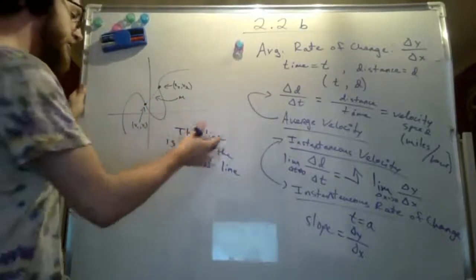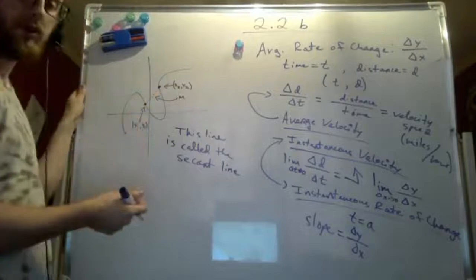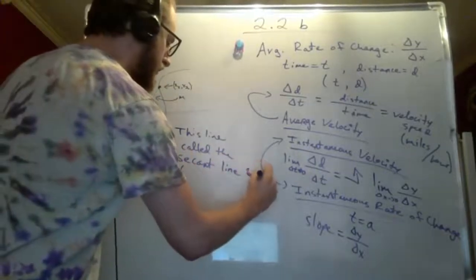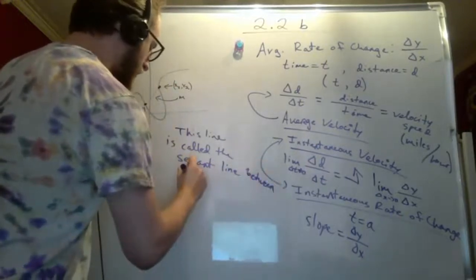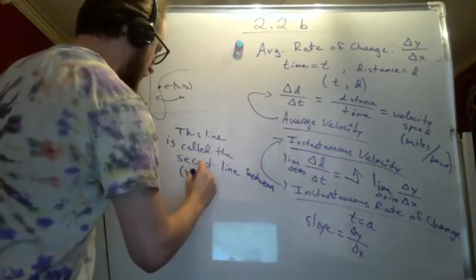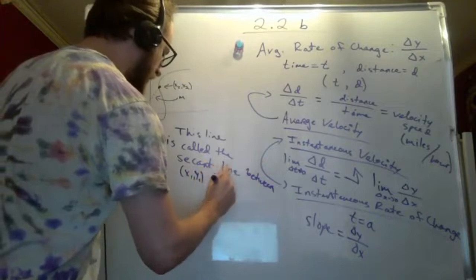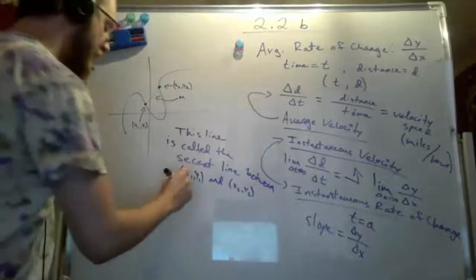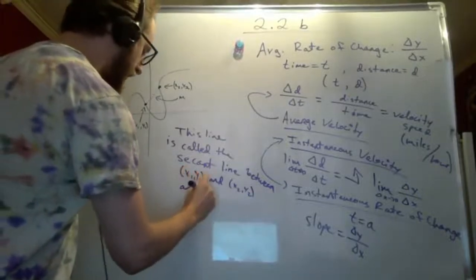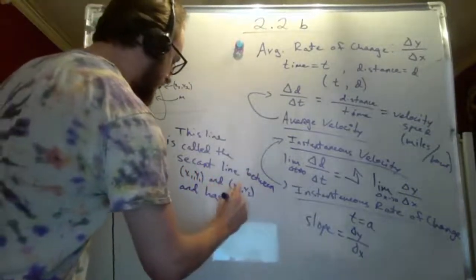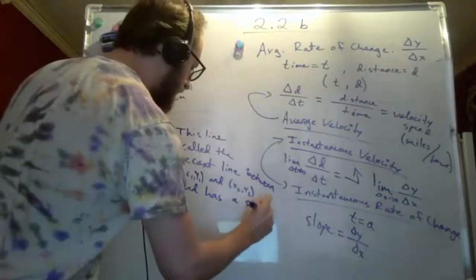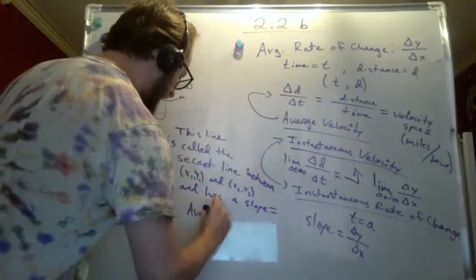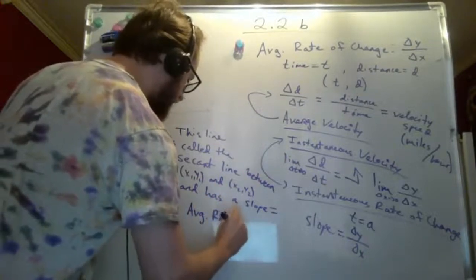So this line is called the secant line between two given points, x1, y1, and x2, y2, and has a slope equal to the average rate of change.